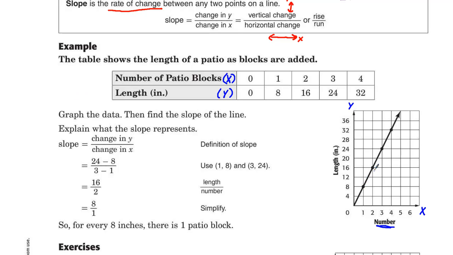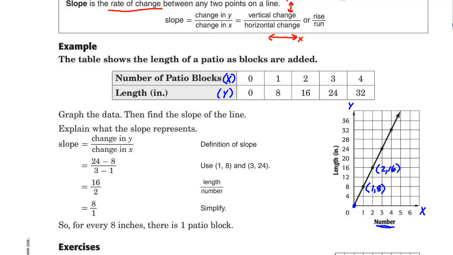So they have laid out 4 points where the line crosses an intersection of the lattice. They are the 4 points from the table. In fact, there are 5 points in the table. Go ahead and put an extra point right there. Let's start by labeling these points. So this first point is 1 block, 8 inches. This next is 2 blocks and 16 inches.